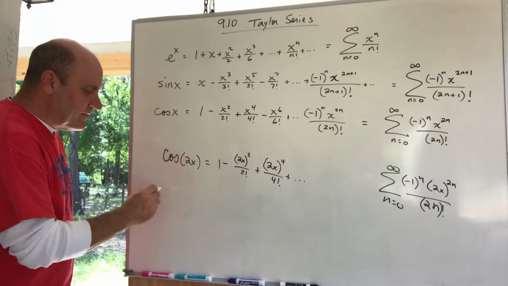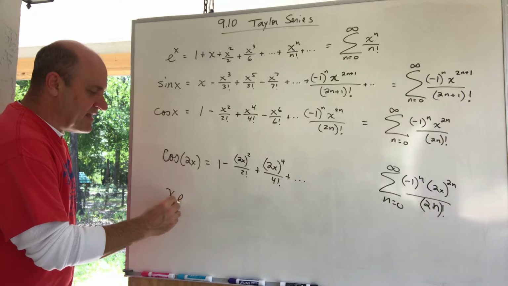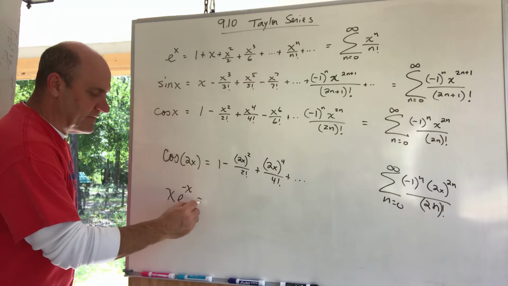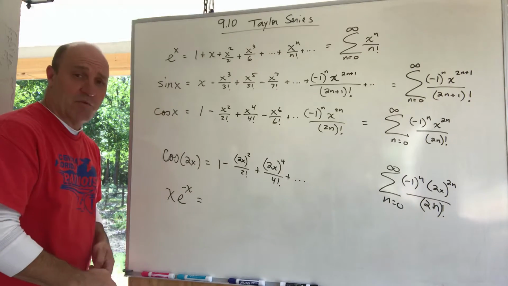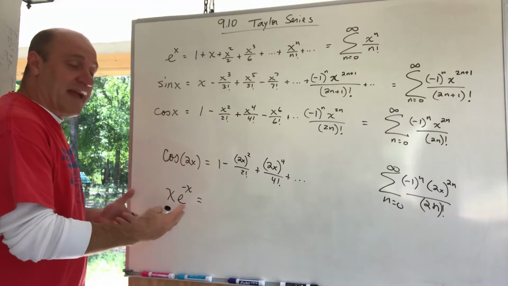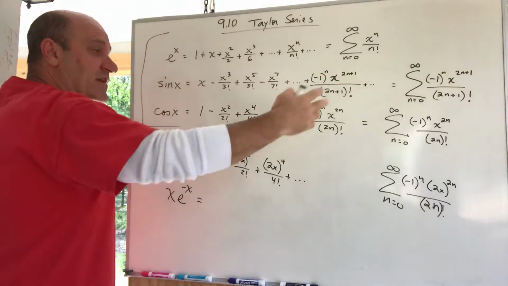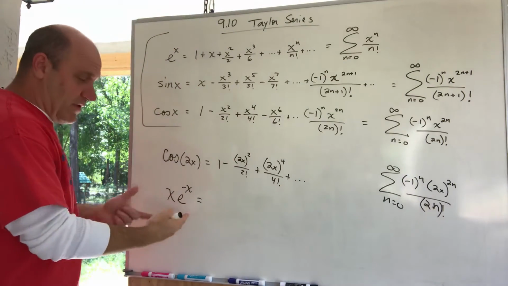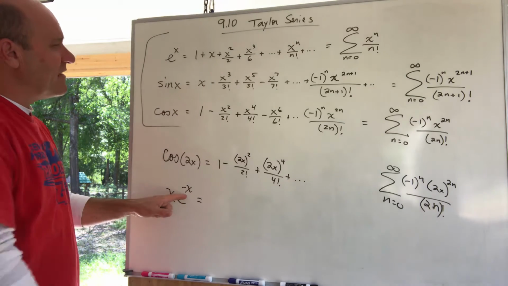What if I wanted x e to the -x? Again, back in 9.7, you take a bunch of derivatives, you build a polynomial. Here, in 9.10, they say use this given series. You've got some given information here. Use that to build this. All right. Let me see. So to get e to the -x, what do I do?